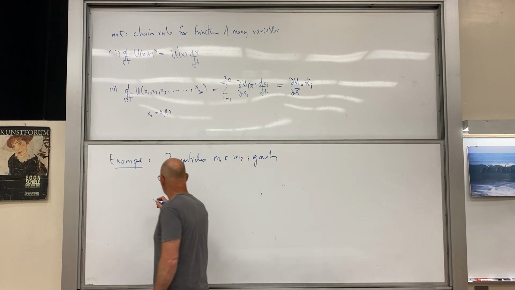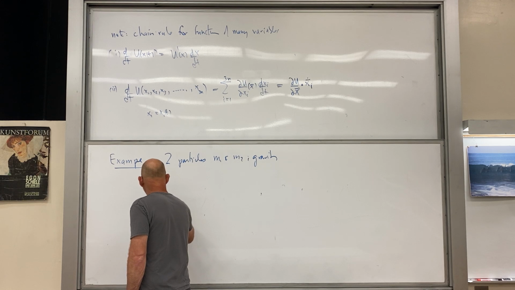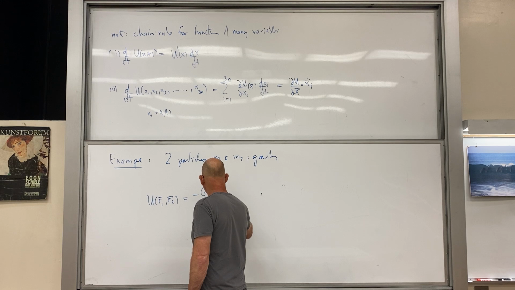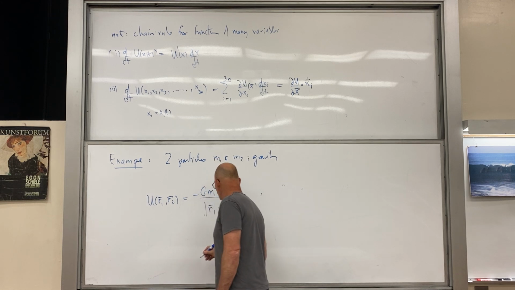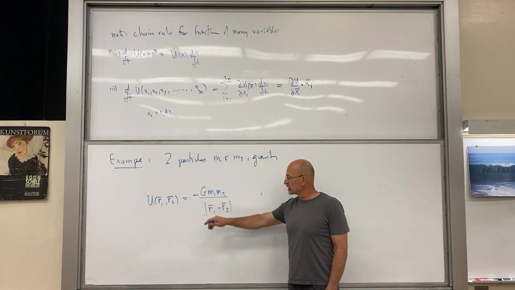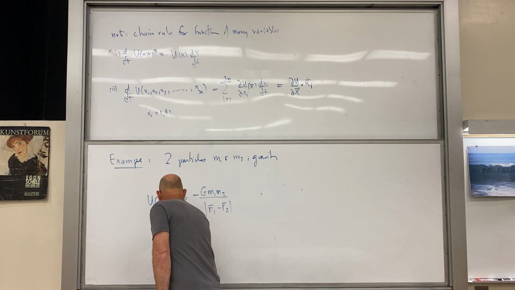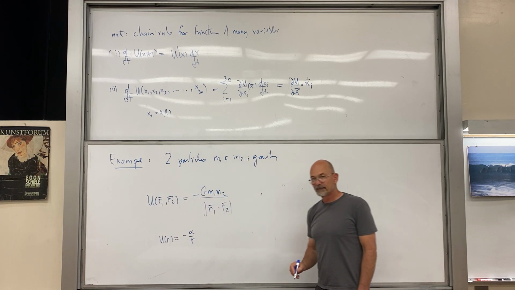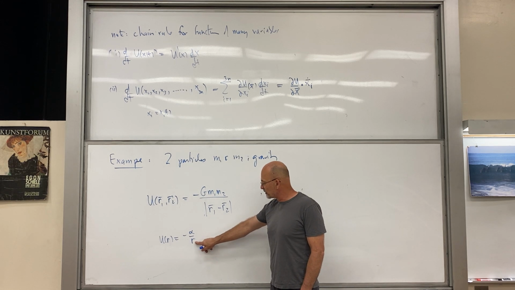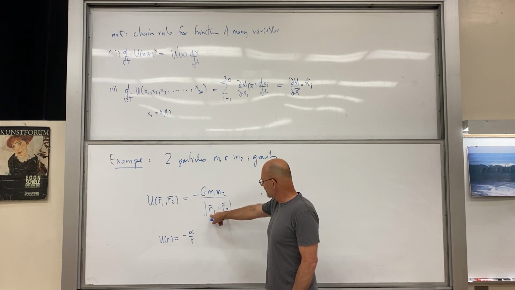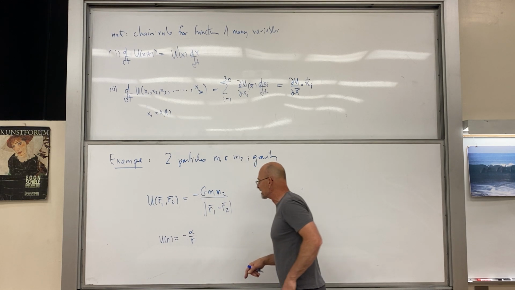So now we have U of R1 and R2 is equal to minus G M1 M2 over the magnitude of R1 minus R2. And actually the order doesn't matter in this expression, the minus sign does. Remember, this is just our U of R is equal to minus alpha over R. But instead of just having it with respect to a particular origin, we just have these 2 particles, and the distance separating them.